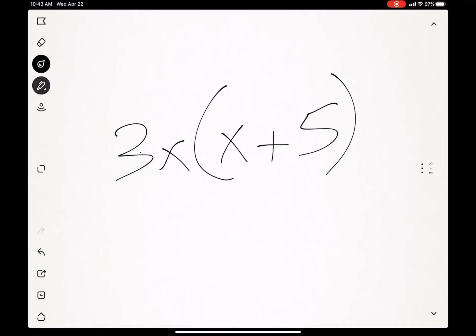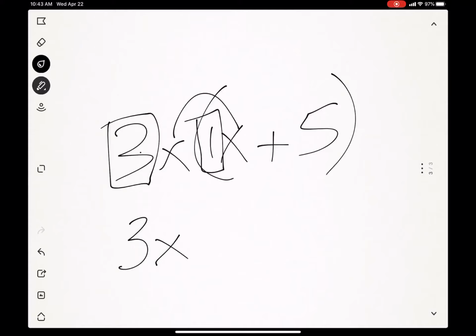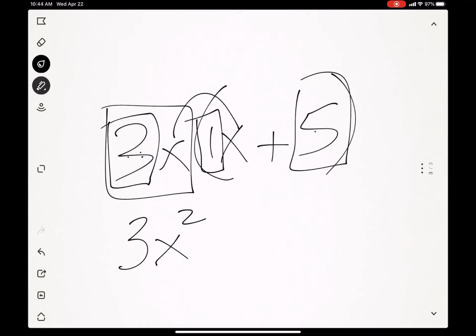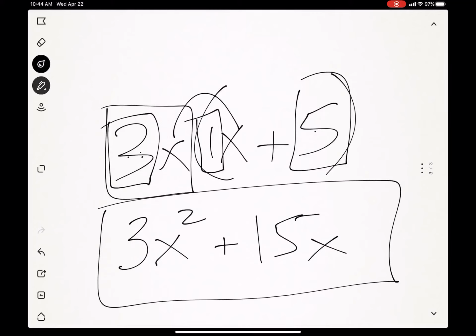We do our coefficients first. If there's no coefficient, we just assume that it means 1. So 3 times 1 is 3. X times x gives me x squared. Now, I'm going back to the 3x. 3x times 5, so 3 times 5 is 15. X, you've only got one of those, and so that is your final product there.